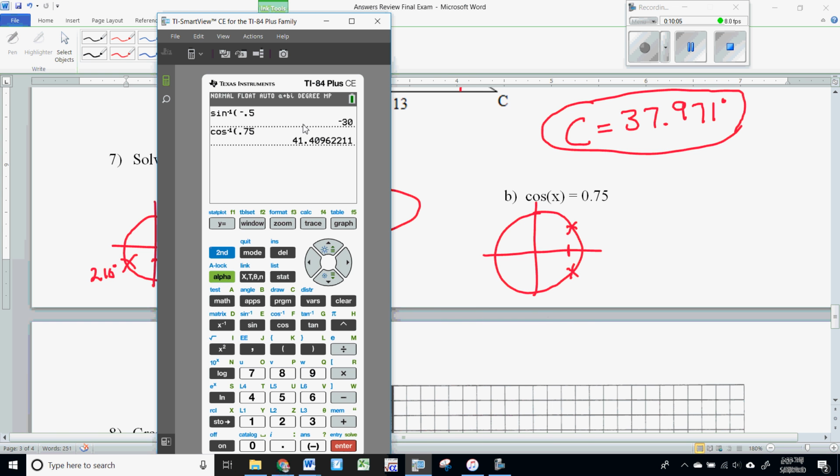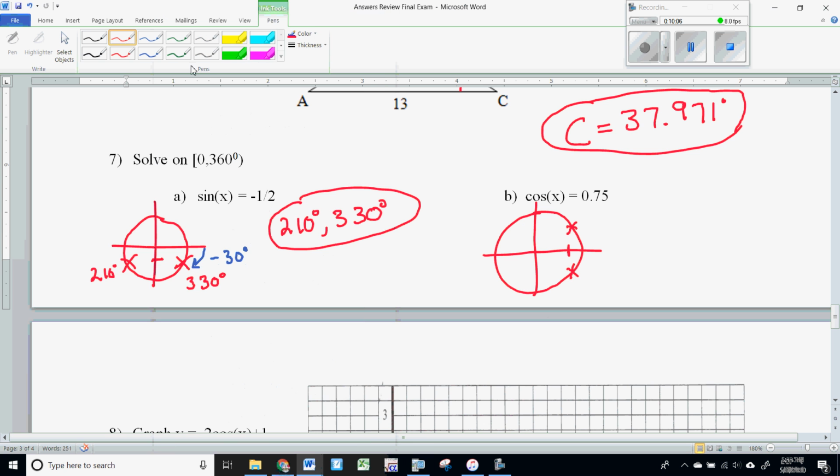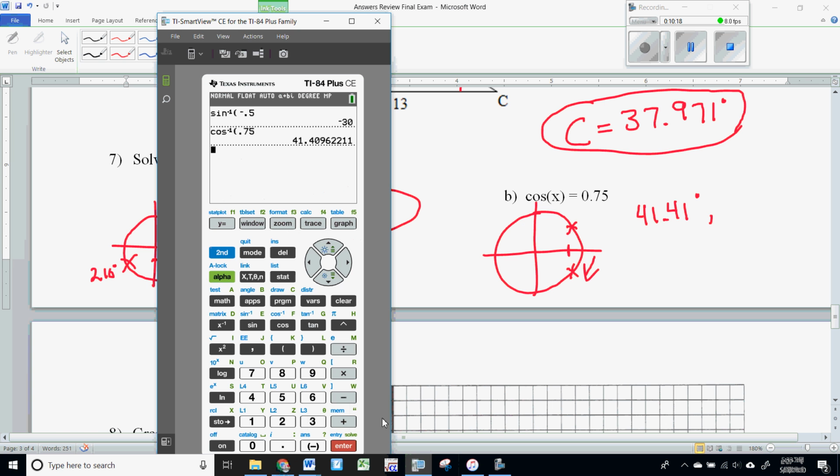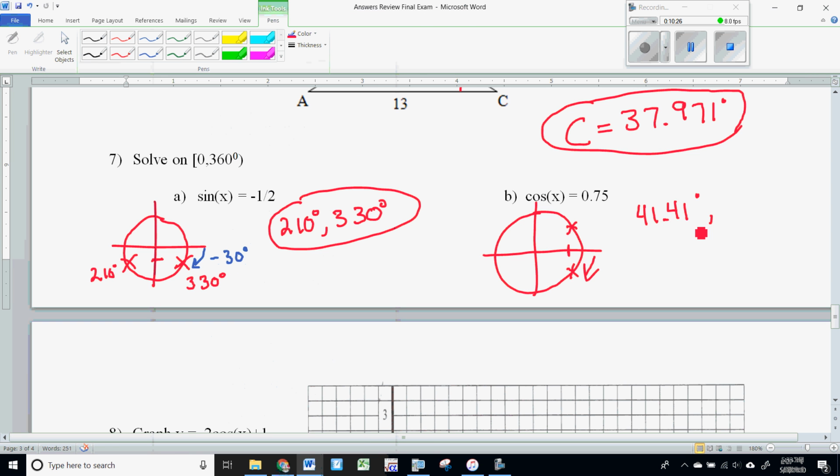So that's my one answer. Now to find my next answer, I'm going to come down that same amount. So I'm going to go back here, and really I'm just going to subtract from 360 to get 318.59.